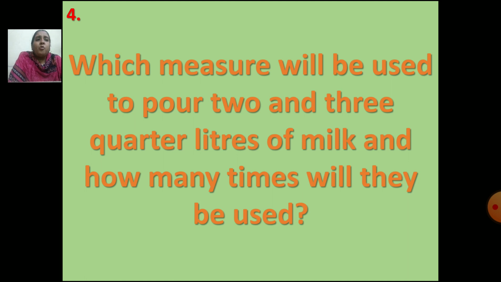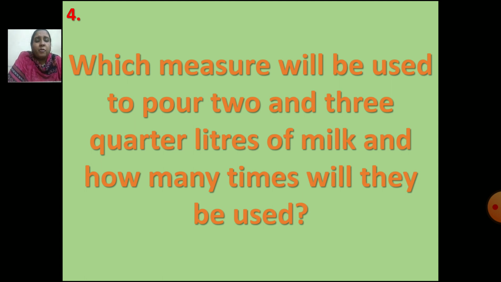Means suppose you want to pour 2 and 3/4 liters of milk in a bucket. So which measure you will use to pour that much milk, and how many times you will use that measure? Okay, that is the question.